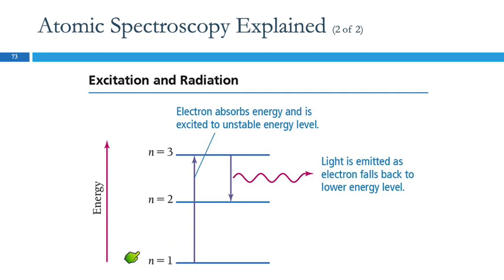So we're thinking about this as, okay, the electron was in an orbital in principal quantum number level 1, and it absorbed energy and moved up to n equals 3. It can't stay there very long. It's going to go back down. It could go back all the way to level 1, or it could go back to level 2. But those are the only possibilities, because like a ladder, you can't be in between the rungs.